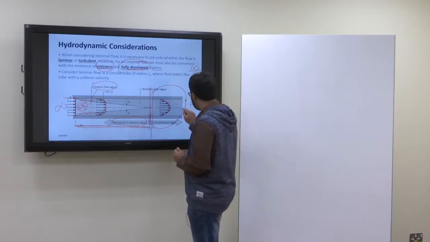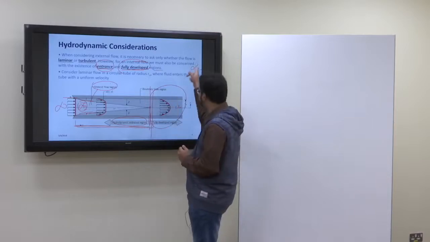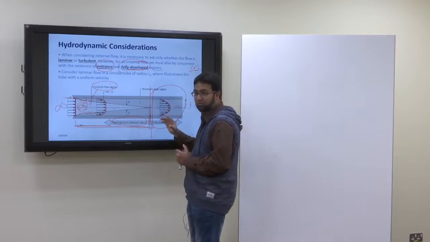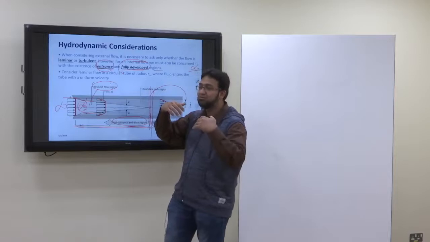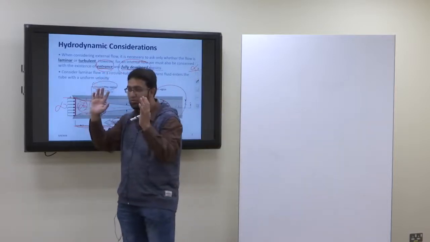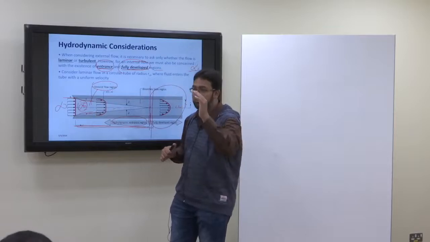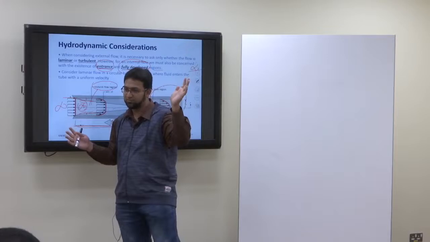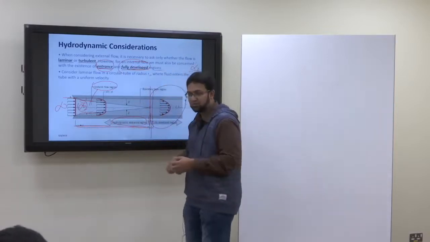Now, besides the free stream velocity, we have another velocity, which is the center line velocity. The center line velocity is the velocity at the center. It will not be equal to the free stream velocity. It will be less than the free stream because the boundary layer is not allowed to develop until the velocity becomes equal to free stream, as in the case of external flows, because it is constrained by the other boundary layer, which mixes together.